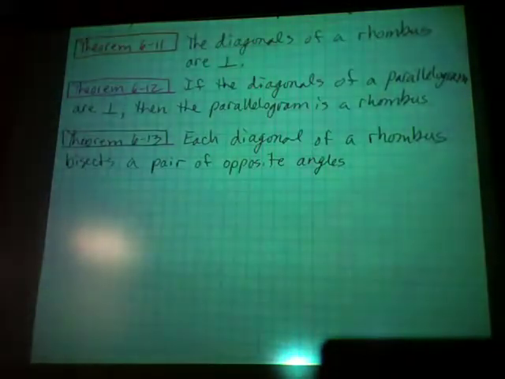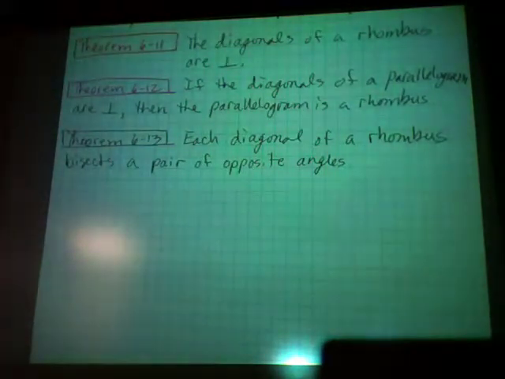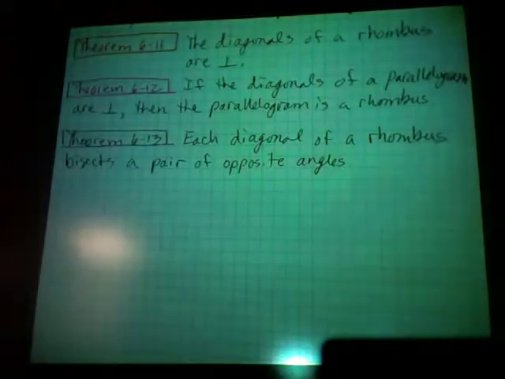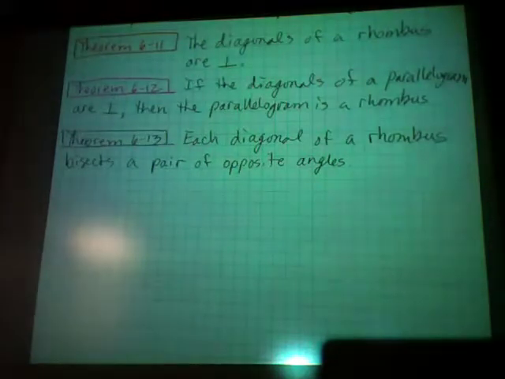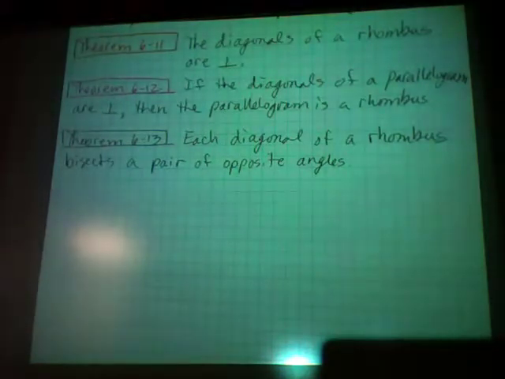Now we know that because a rhombus is a parallelogram, opposite angles are congruent. But another thing that's special about the rhombus is that those diagonals bisect those opposite angles. So that doesn't happen in a rectangle, that doesn't happen in a parallelogram, it only happens in a rhombus.